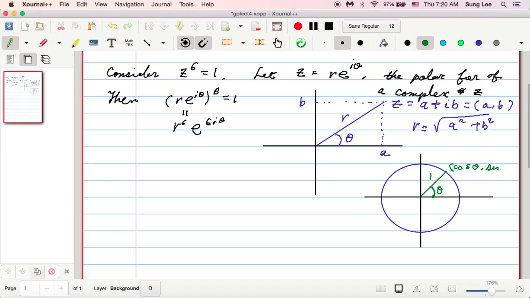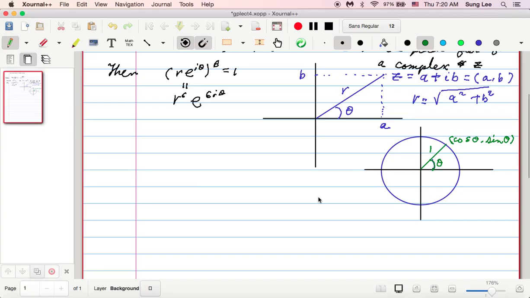So the coordinate is given by (cosine theta, sine theta), which in terms of complex numbers is cosine theta plus i sine theta, the same as e to the i theta.